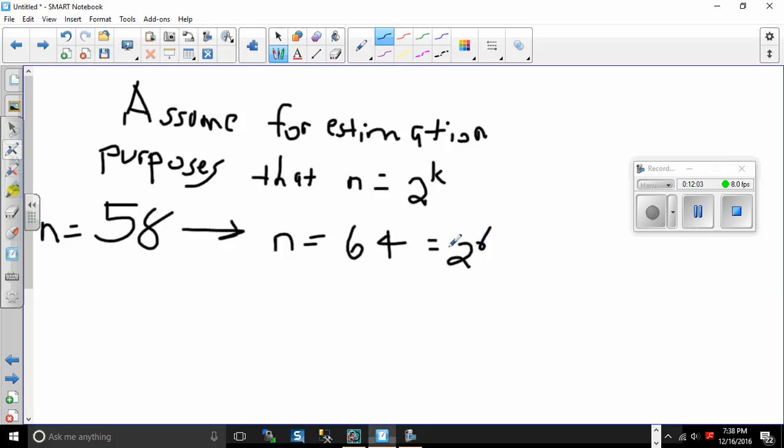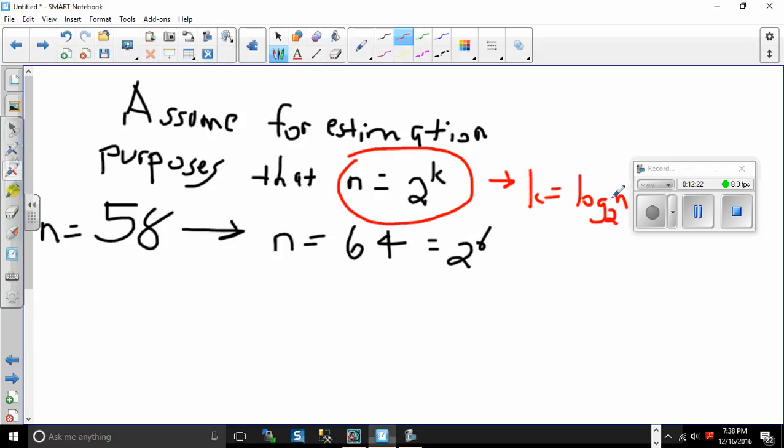Using this formula, solving for k gives k equal to log base 2 of n. And so therefore T(n) for binary search is equal to 1 plus log base 2 of n.